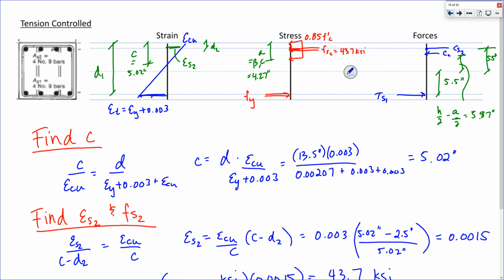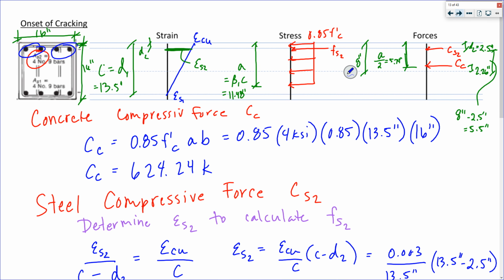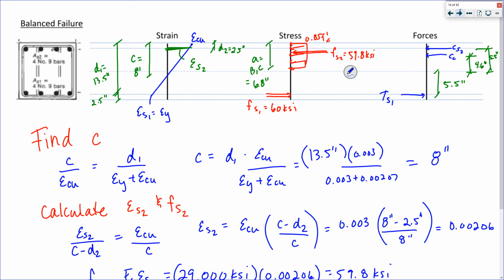For my onset of cracking, I know that C was equal to D1, the depth to those tensile bars, right? I had to calculate a C and a corresponding strain.